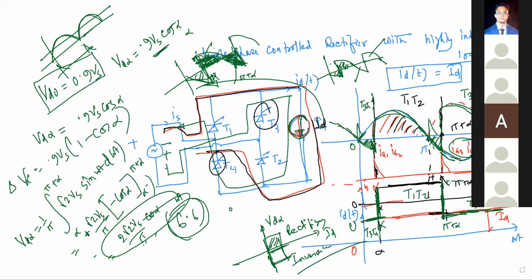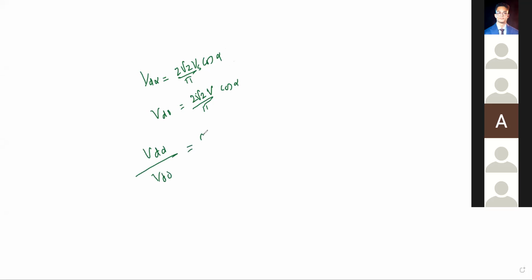Now we want to plot VD versus alpha. VD alpha will be 2 root 2 Vs by pi cosine of alpha, and VD0 will be 2 root 2 by pi Vs. Then VD alpha by VD0 will be cosine of alpha.